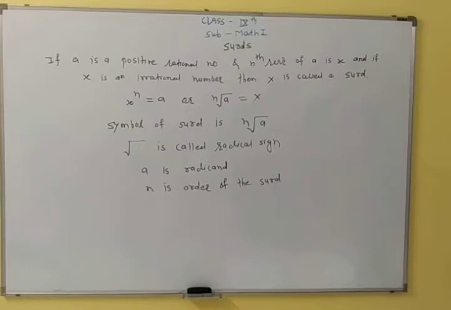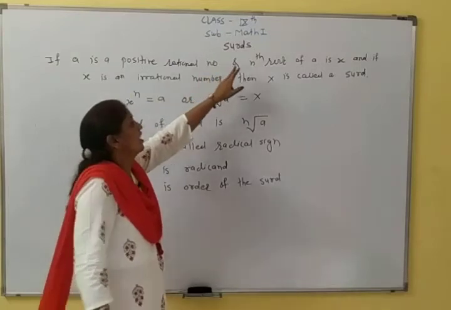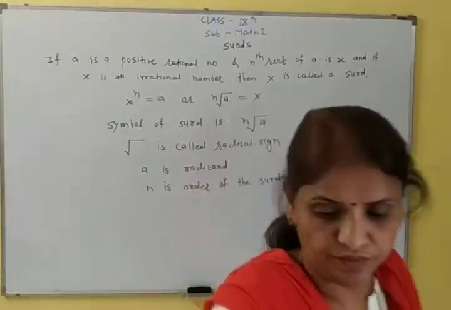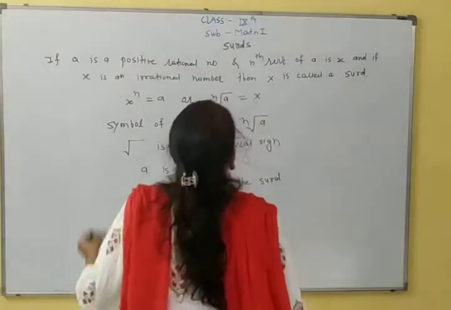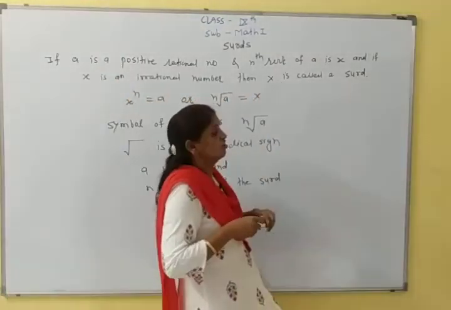Similarly, the nth root of any number is either rational or irrational. Surds: if A is a positive rational number and the nth root of A is x, and if x is an irrational number, then x is called a surd.